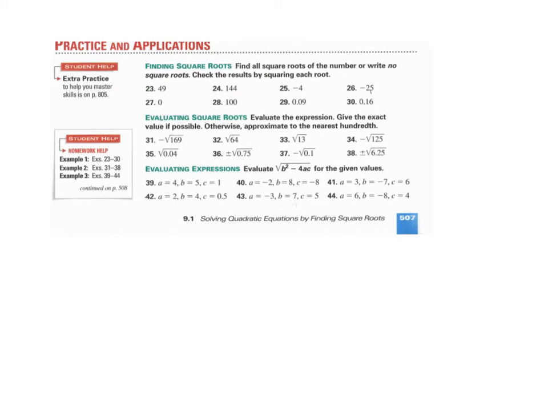Alright, so we're going to start out with number 23. On number 23, find all the square roots of a number or write no square roots. Check the results by squaring each root. So, the square roots of 49 are going to be positive and negative 7.